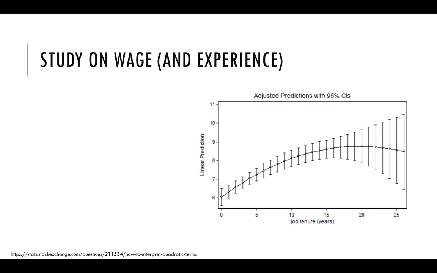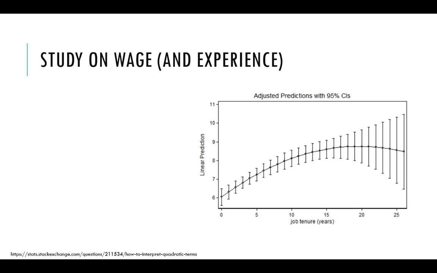It's upward sloping, right? Job tenure is on the horizontal axis, and our vertical axis is capturing the salary. So these are kind of predictions with your confidence intervals, but you get the idea. The relationship isn't linear. It's going up as you have more experience. Your salary's going up, but it goes up a little less and a little less and a little less.